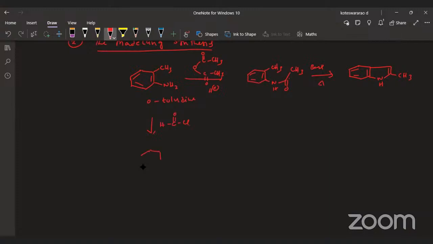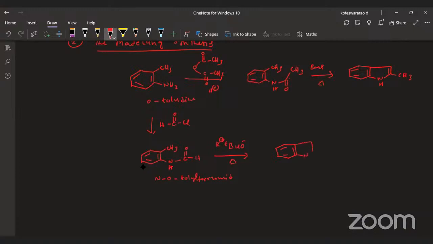Then it leads to the formation of N-ortho-tolyl formamide, which is treated with the potassium salt of tertiary butoxide. Just boil it at a high temperature. Then it leads to the formation of pure indole.